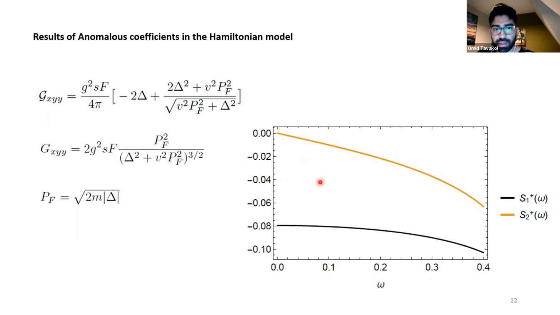Because S1 has a slope equal to 0, it doesn't contribute to curly G. But S2 of omega can contribute a non-zero amount in your transport coefficients, or in your anomalous transport coefficients.